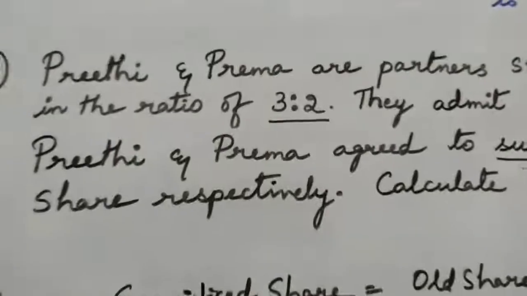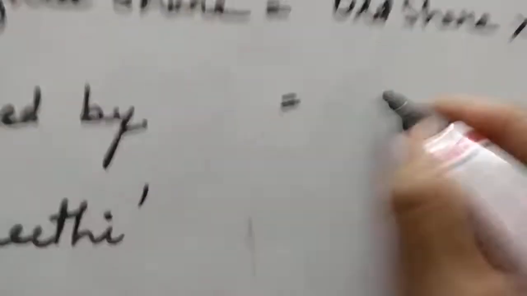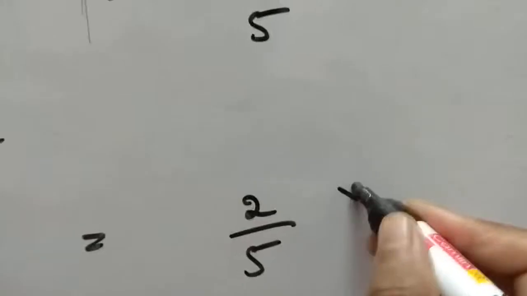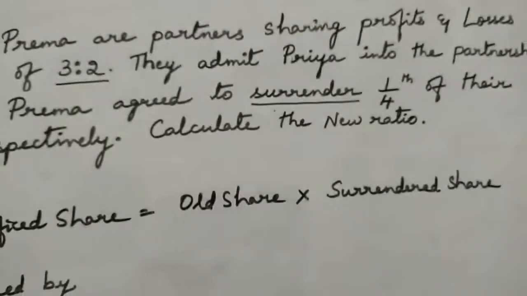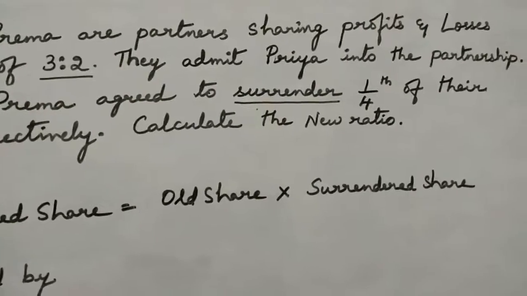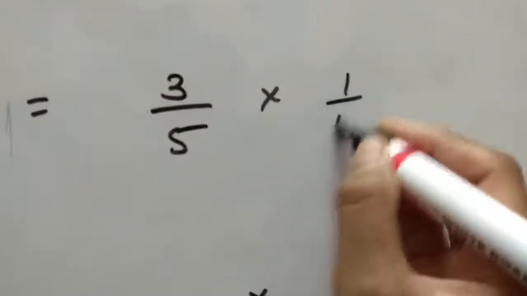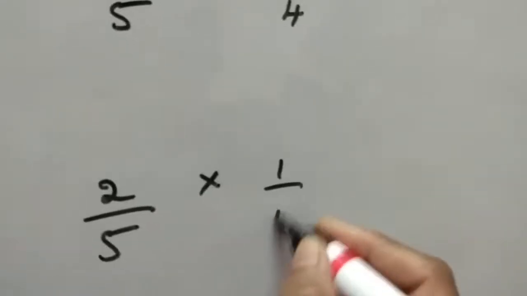The old share of Preeti and Prema is 3:2. So let me write it here: 3 by 5 and 2 by 5 into the surrendered share. Both are surrendering equally, that is 1/4, the same, so there's no change. 1 by 4, 1 by 4.